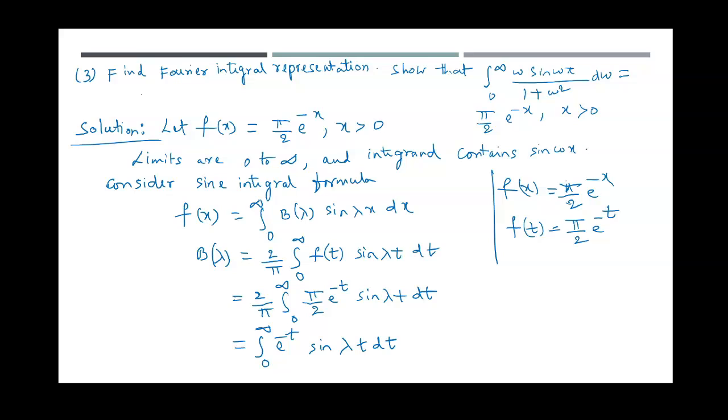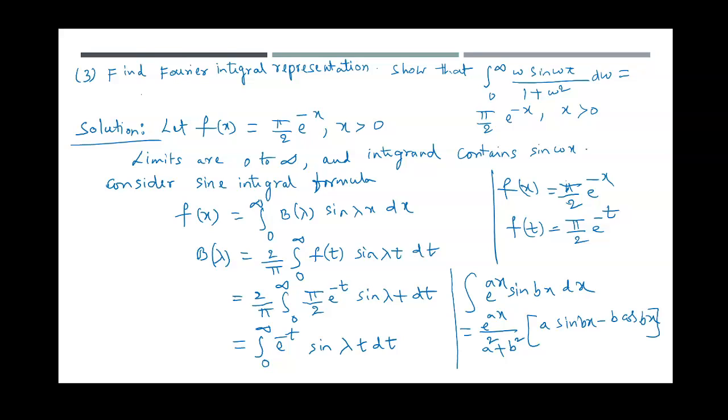To evaluate this integral, we use the formula: integral e power ax sin bx dx is equal to e power ax upon a square plus b square, into a sin bx minus b cos bx. So we use this formula to evaluate the integral. Now let us apply this formula here.